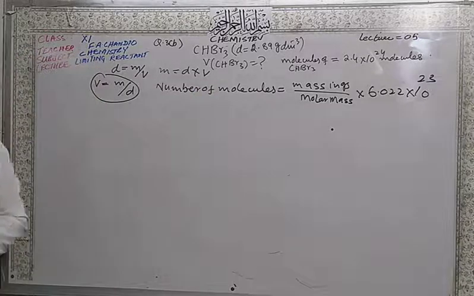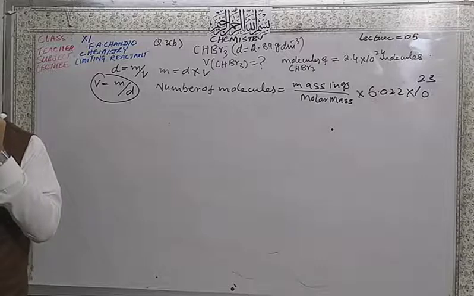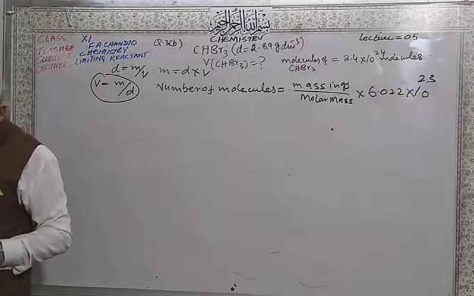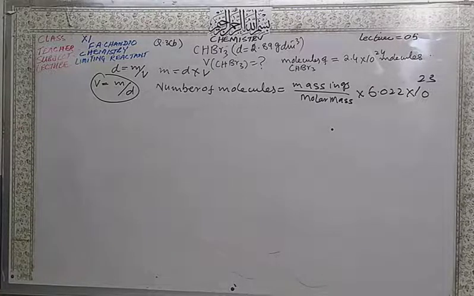The atomic mass of bromine is, I think, 80. I want to confirm. Yes, 80 is correct.